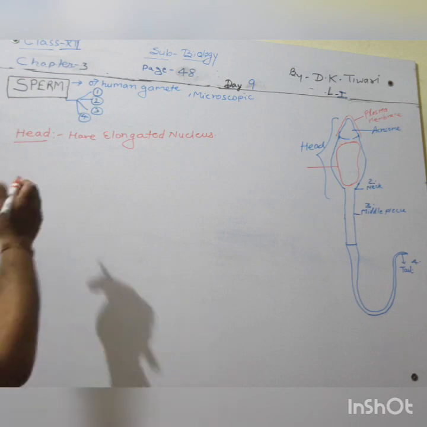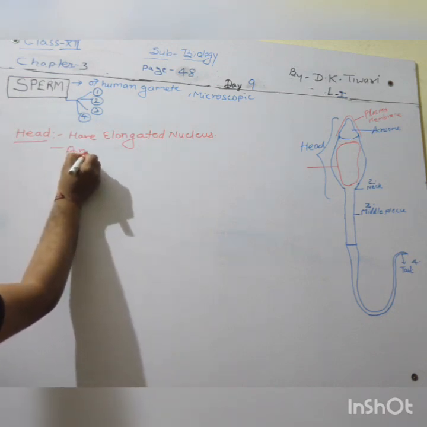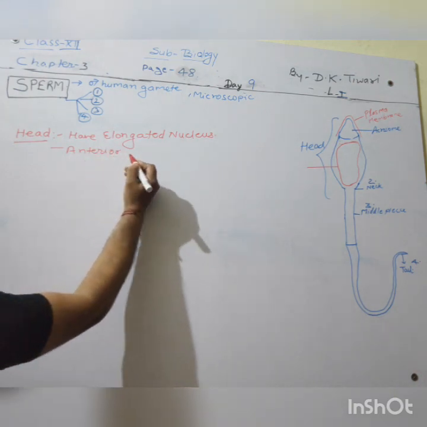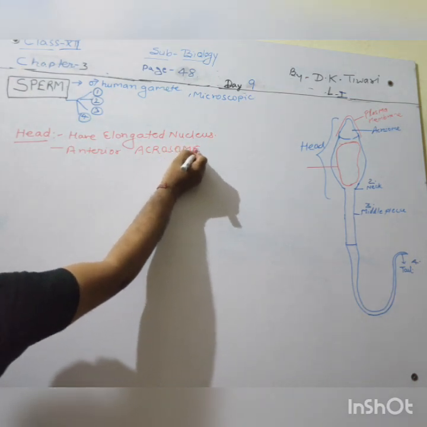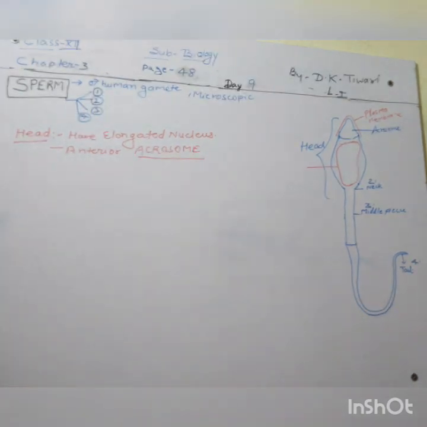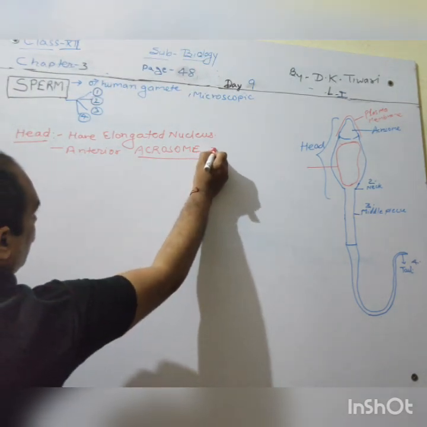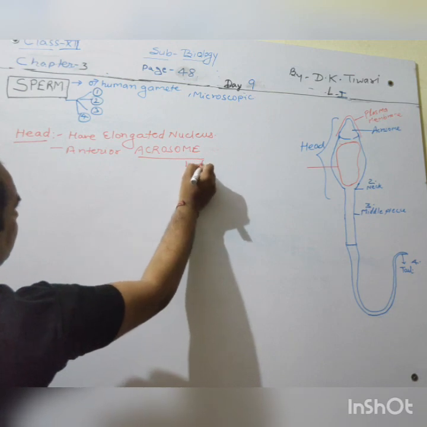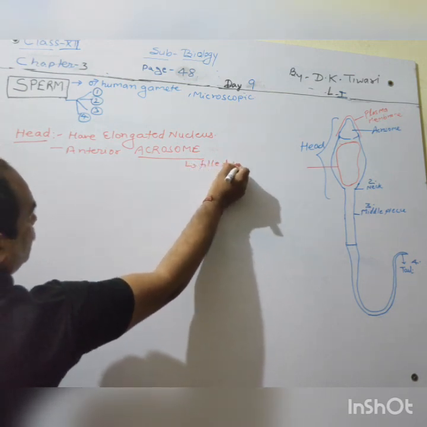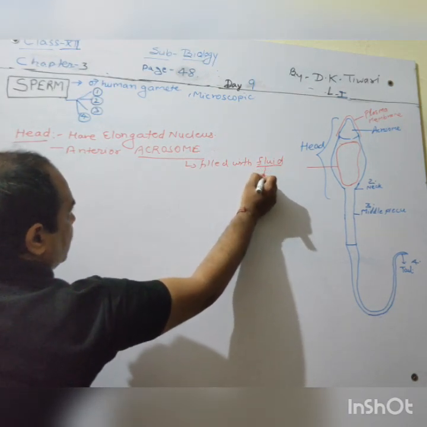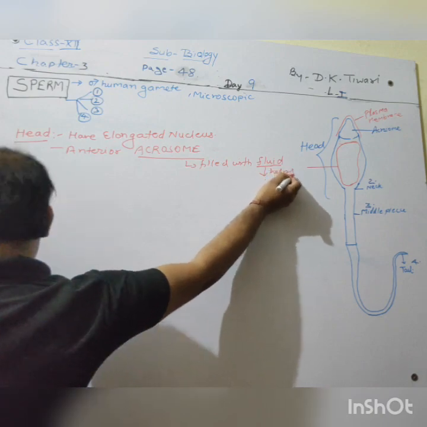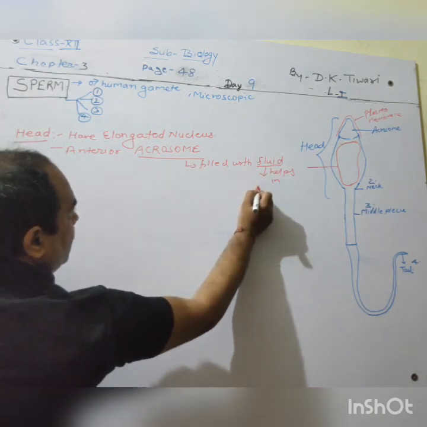Now it has the anterior part, the acrosome, which is filled with fluid, and that fluid helps in the penetration of the ova and in fertilization.